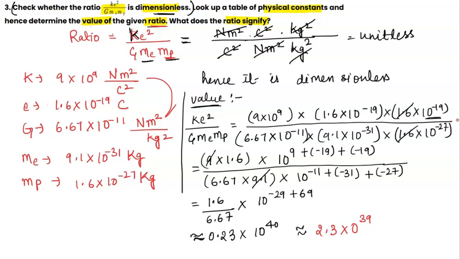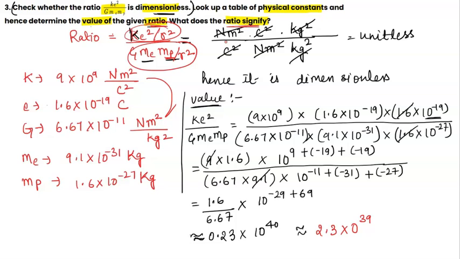Now the next part: what does the ratio signify? If we divide this ratio by r square in the numerator and denominator, we get that k e square upon r square is the electrostatic force, and G m_e m_p upon r square is the gravitational force.